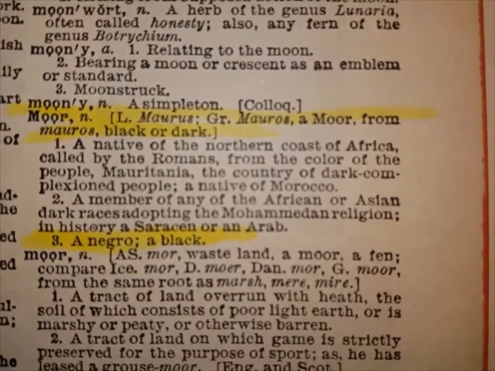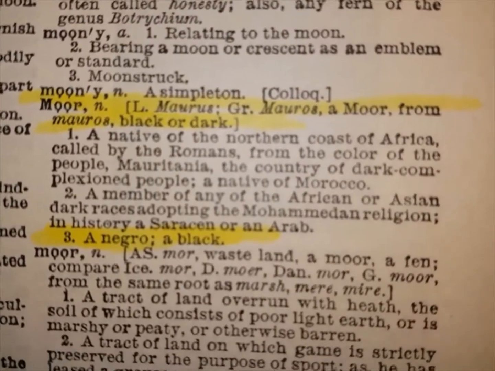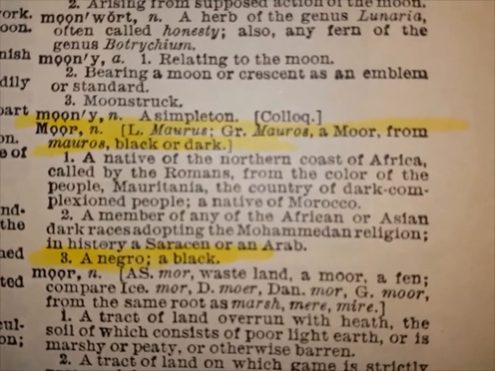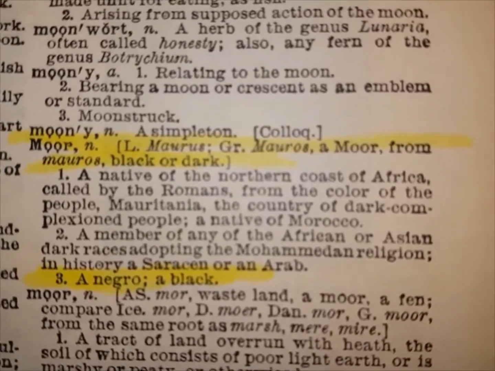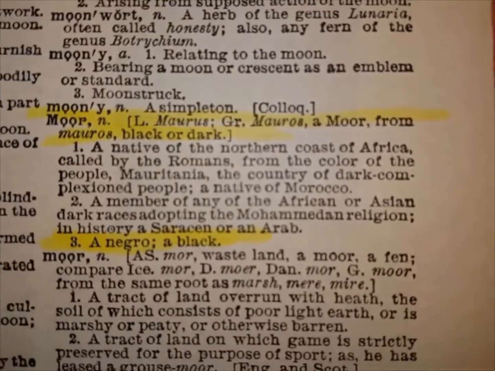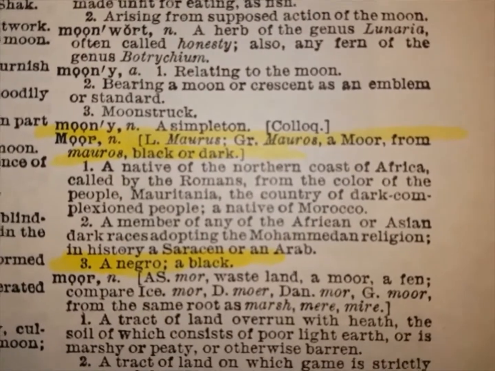Now, you know that last dictionary from 2002, the American Heritage, said that the Moors were a Muslim people, and it said they were of mixed Berber and Arab descent, right? So I'm going to show you who these Berbers and Arabs really are, that they're claiming are the Moors.